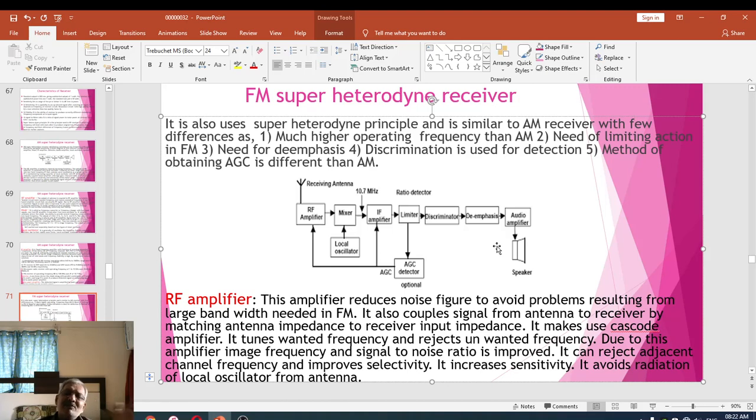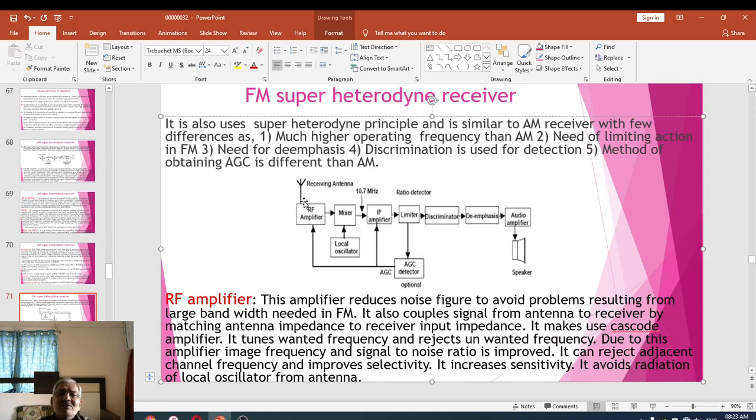Its working is also the same as that of the AM super heterodyne receiver, only with the difference that it receives the FM modulated wave. It is tuned to the FM transmitter. With this point of view, we can now discuss the block diagram of the FM super heterodyne receiver.